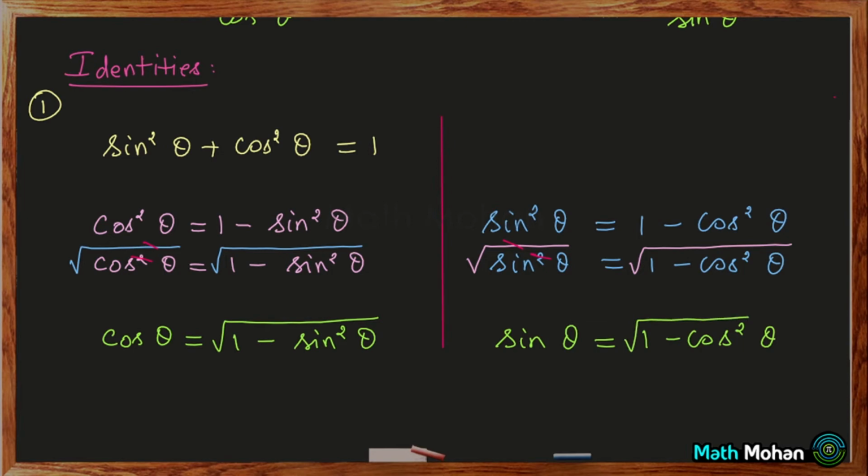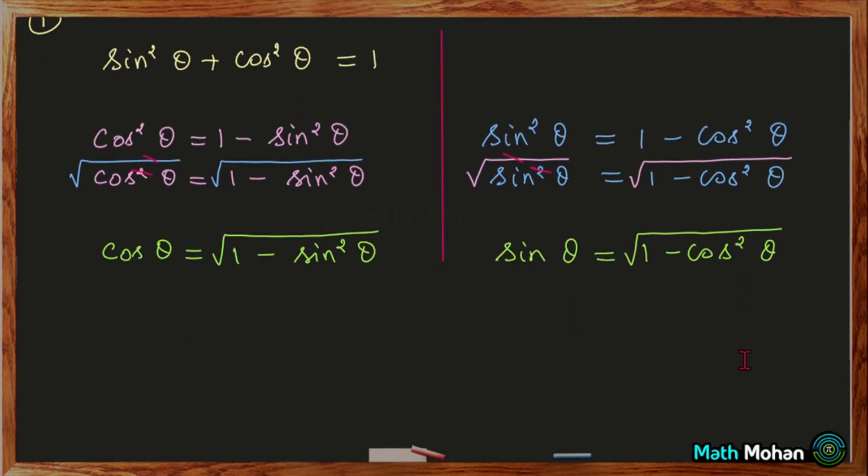So we have to understand that the identity sine square theta plus cos square theta equals 1 can be written in other ways also. Using that identity we can get cos theta as square root of 1 minus sine square theta, and sine theta equal to square root of 1 minus cos square theta. So these you need to know.